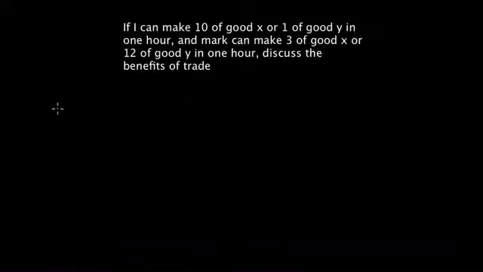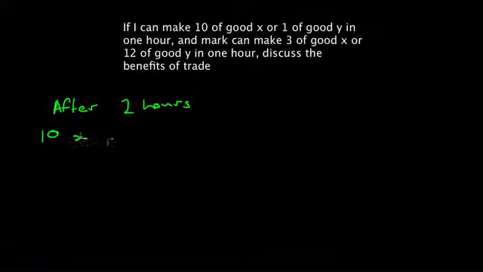So after 2 hours, the maximum I can get is 10 of good X. So I'll have 10X and 1Y. Okay, so that's all I can do after 2 hours, if I was working by myself.